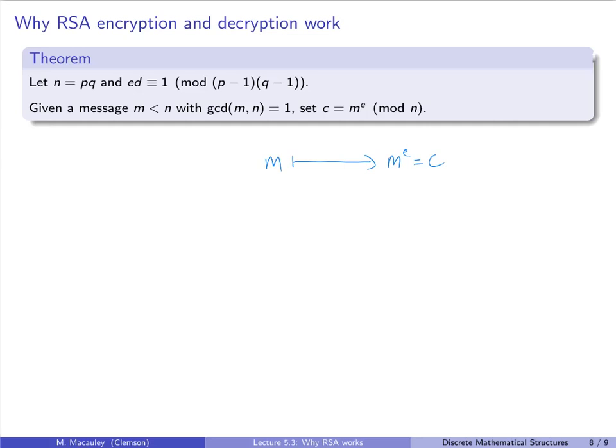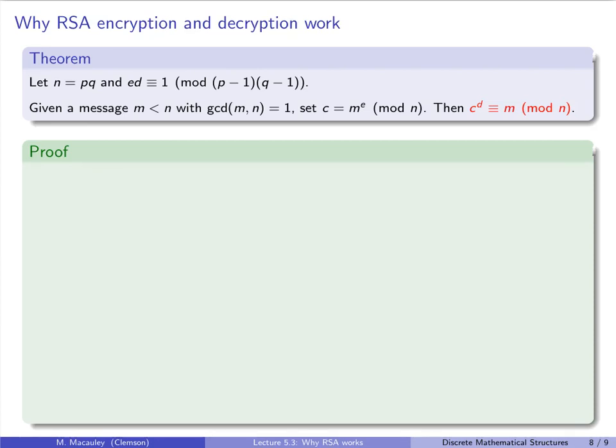Then I claim that to decrypt, to go backwards, all we have to do is take this c and raise it to the d. In other words, m to the e times d is equivalent to m mod n. And there it is. c to the d is equivalent to m mod n.